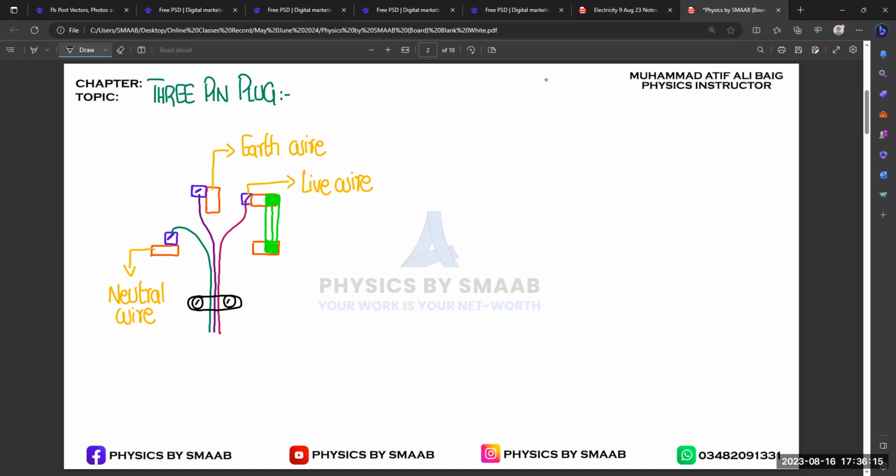If you open the three-pin plug, you observe that there are three different wires. Those are connected into a single wire, and then they pass into the main supply, right? And this black part is known as the cable grip.